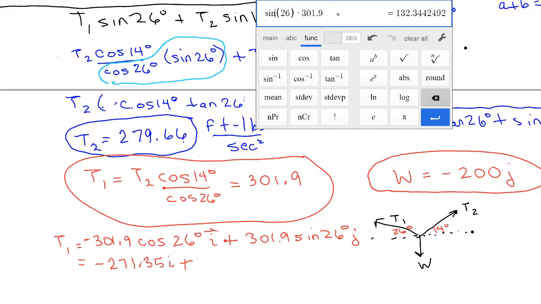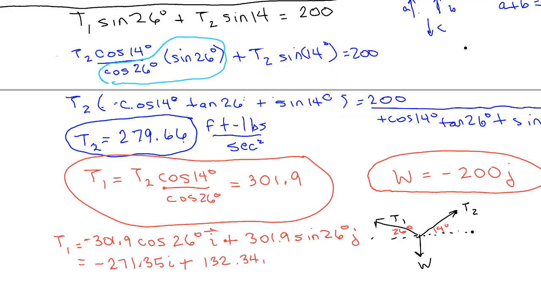That's right. So I have 132.34 J. And that is T1 in rectangular.